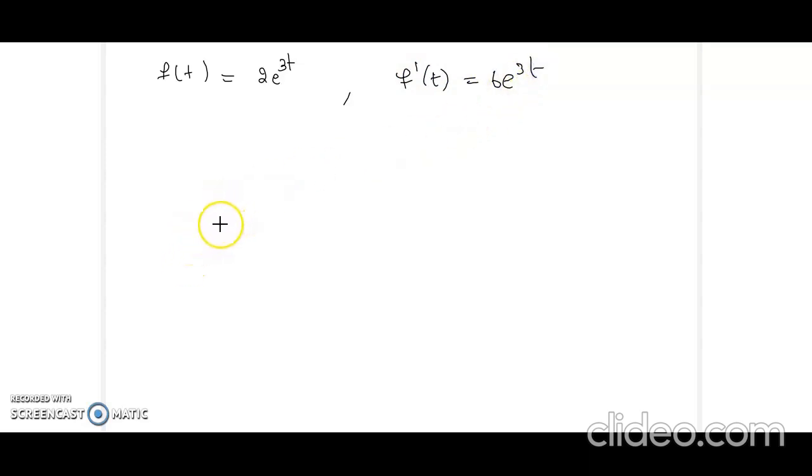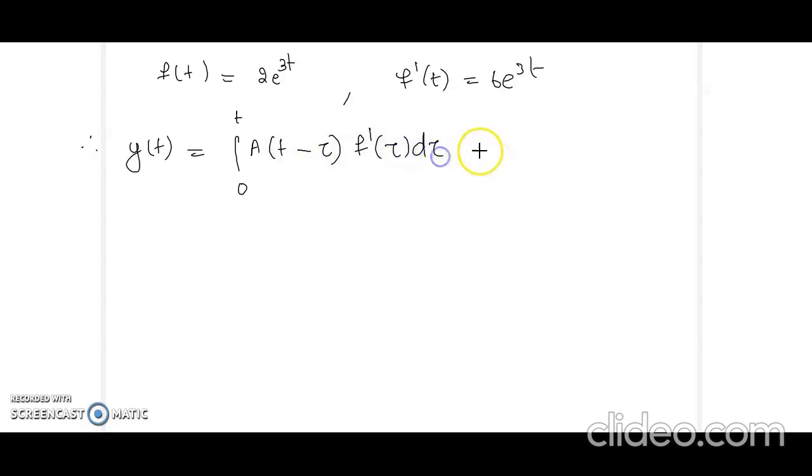So now let us use the formula for y of t. So therefore y of t will be equal to integral 0 to t a of t minus tau f dash of tau d tau plus f of 0 into a of t.